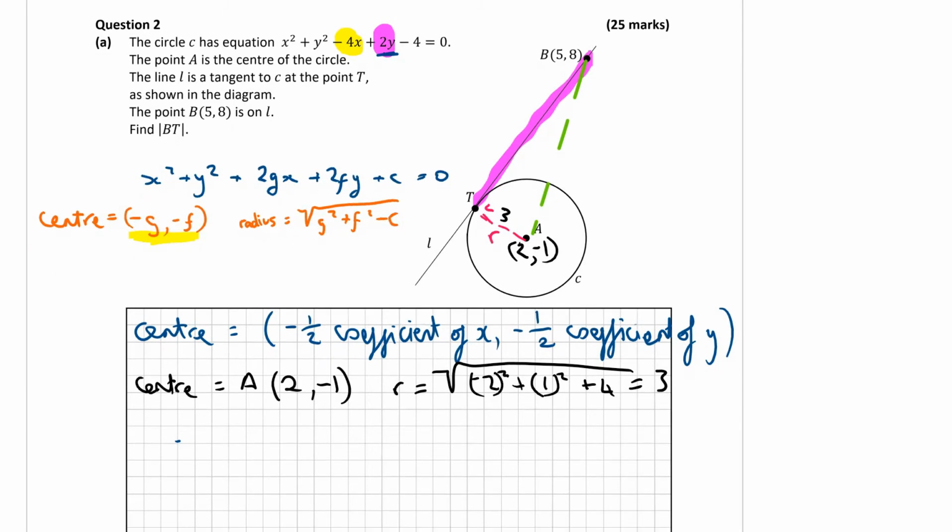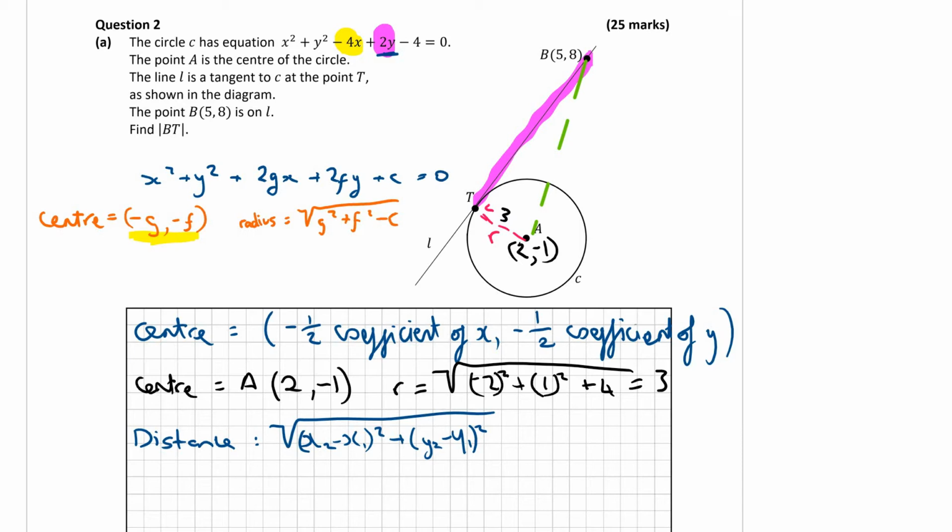So I'm just going to use the distance formula, which is straight from the tables, to work out the distance from B to A. So I've just put in that formula there. The distance formula is the difference between the x values squared plus the difference between the y values squared, and it's the square root of the sum of those.